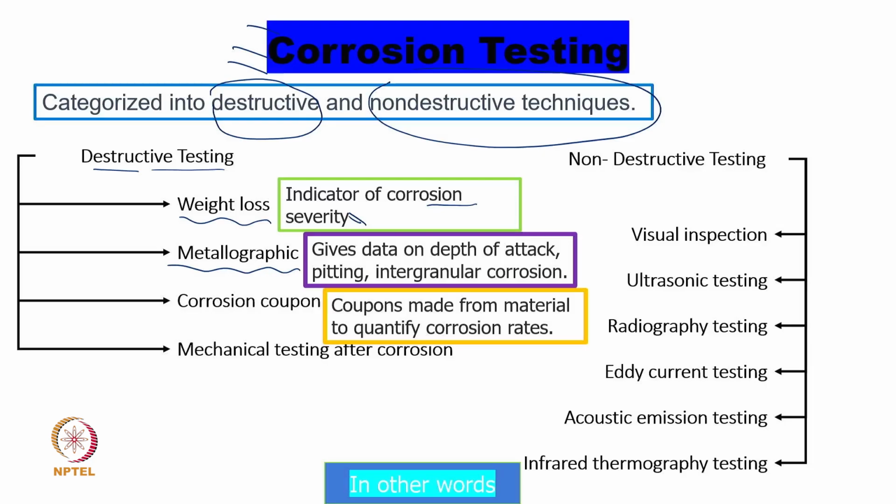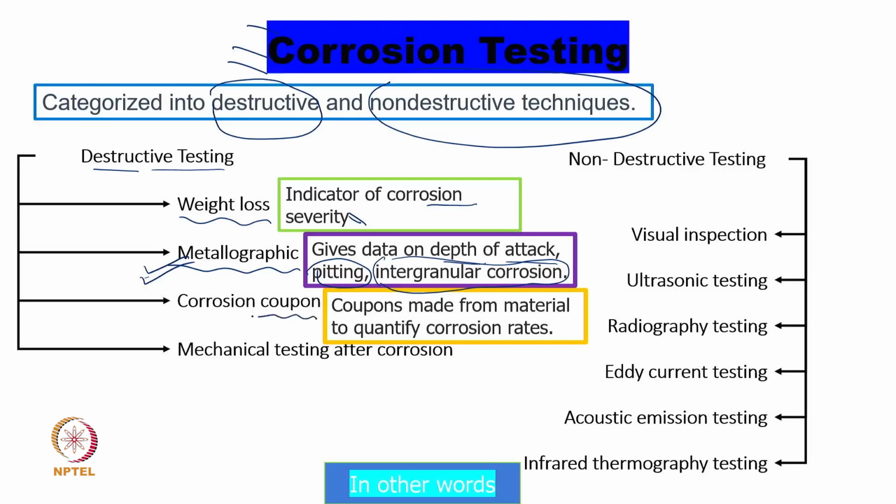The data will be in the form of the depth of the attack, what is the real penetration of the chemical going inside the surface, what is the pitting diameter, and is there any intergranular corrosion, that means there will be severe damage where the stress level has gone much higher. Those things are important, that is why we get that kind of information from metallographic testing.